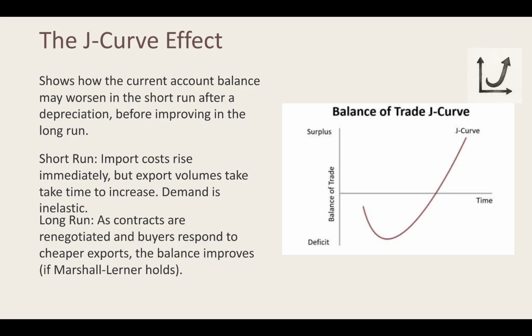Now the J-curve effect. In the J-curve effect, we actually see the Marshall-Lerner condition. The J-curve effect shows how the current account balance may worsen in the short run after depreciation. What we see here is the balance of trade J-curve; this is 0, this is surplus, and here we have the deficit. This is the point of current account deficit.